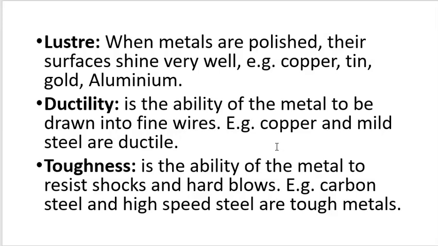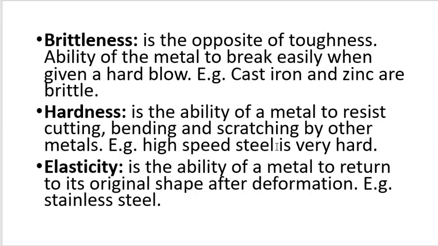Carbon steel and high-speed steel are tough metals. Then brittleness. This is the opposite of toughness: the ability of the metal to break easily when given a hard blow. Cast iron and zinc are very brittle. Though cast iron is very strong, it's still brittle.